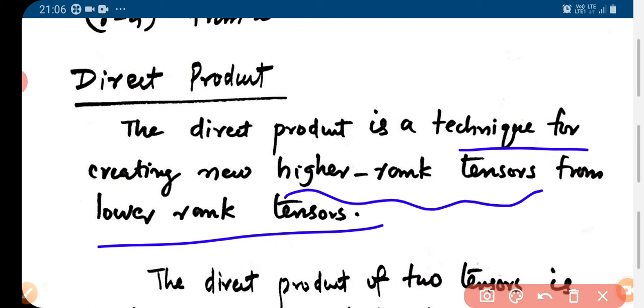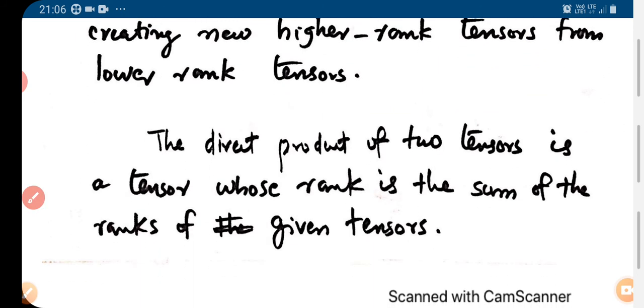Through the process of contraction, you obtained a lower rank tensor from a higher rank tensor. Now, from lower rank tensors, you can get higher rank tensors through this direct product. In the direct product, you are simply taking the product of the tensors.